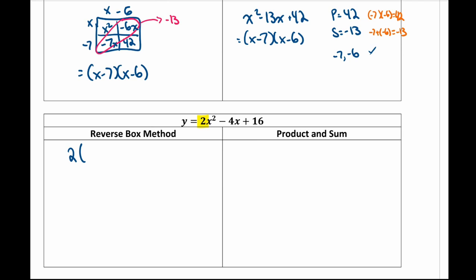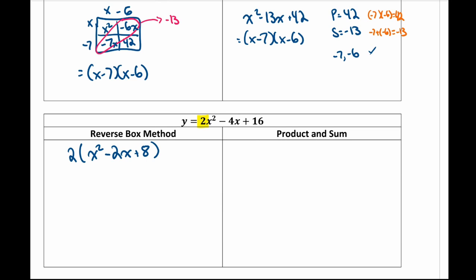So I'm going to take it and put it outside the bracket, and I'm going to divide every term by 2. So 2x squared divided by 2 is x squared. Negative 4x divided by 2 is negative 2x. And 16 divided by 2 is positive 8.